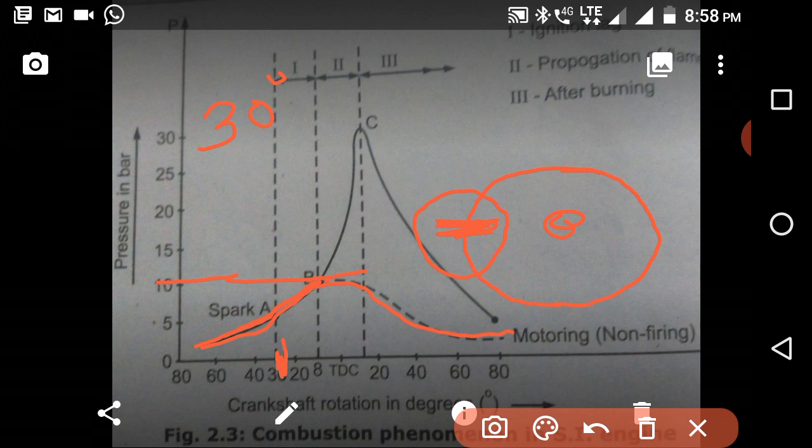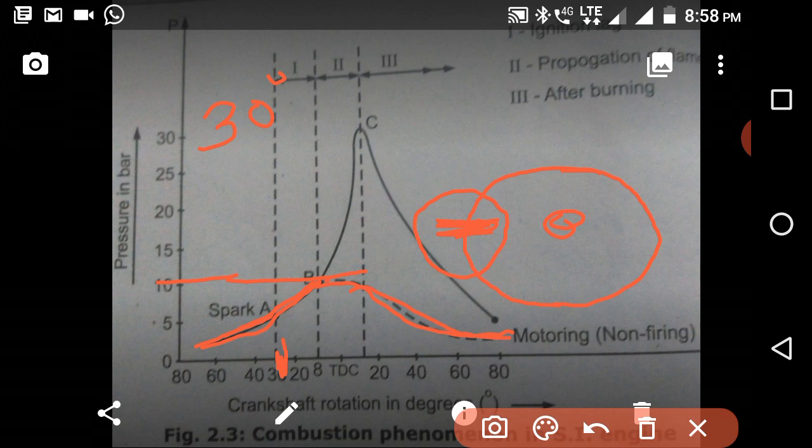This is the motoring curve. If no combustion occurs, only compression occurs, and after compression we reach a final pressure and temperature, then the expansion process occurs and we get this curve, the motoring curve.